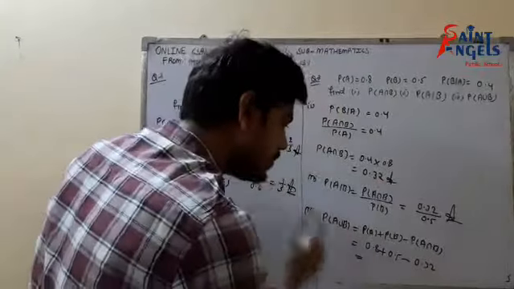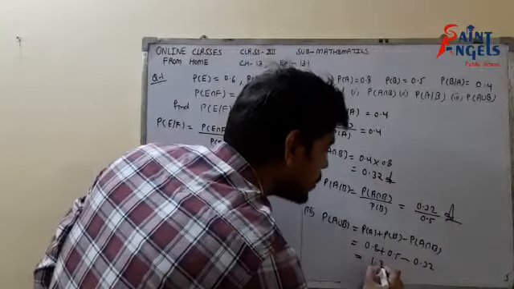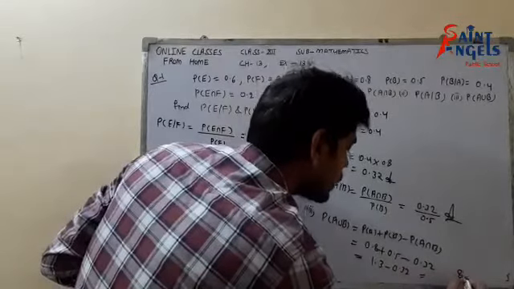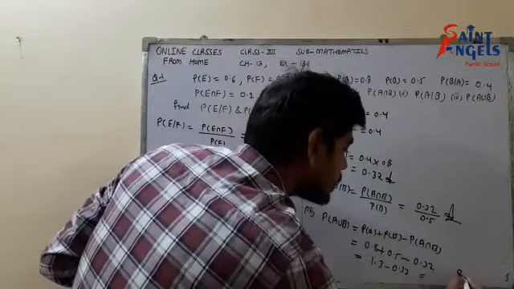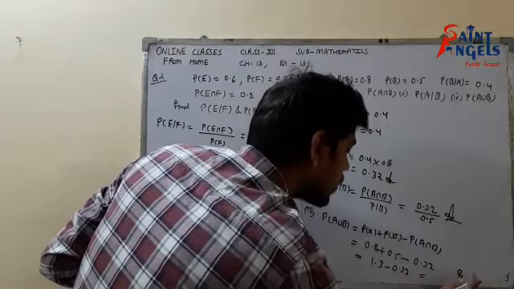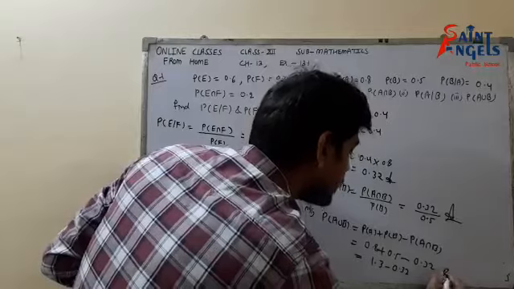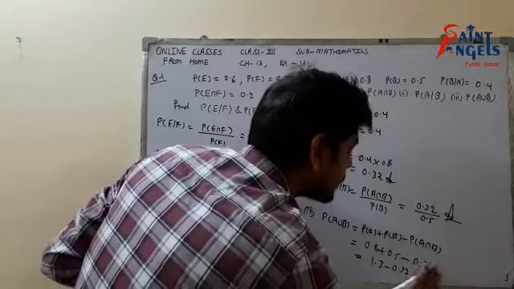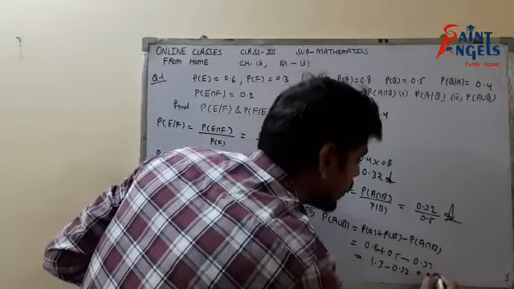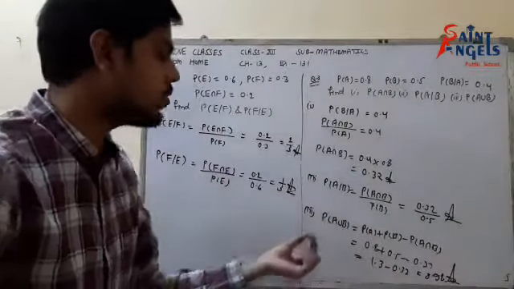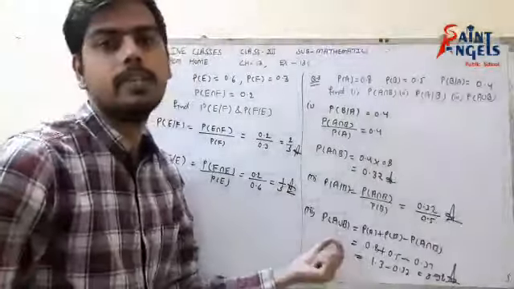So that would be 1.3 minus 0.32, which is 0.98. So there is a 98% chance of event A union B happening. It means A or B.